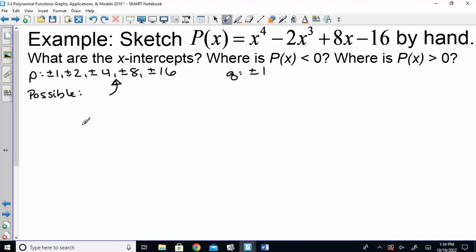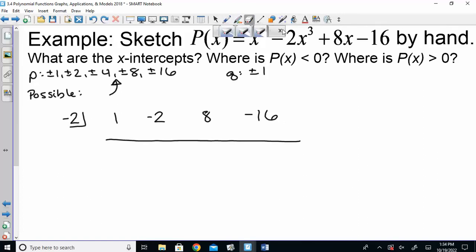All right, what do you do once you find a 0 that works? Synthetic. So we'll do synthetic division with the negative 2. What's wrong with my synthetic division the other way? 0. Yeah, we don't have an x squared term, so make sure you put a 0 in for that.